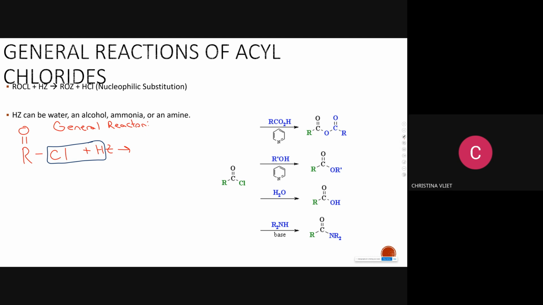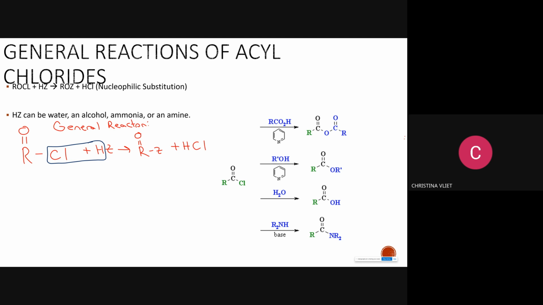They tell you here that it's going to be ROZ, where Z has replaced Cl, and then HCl. So basically, in every situation with an acyl chloride, you're going to remove HCl. Z could be any of these things.